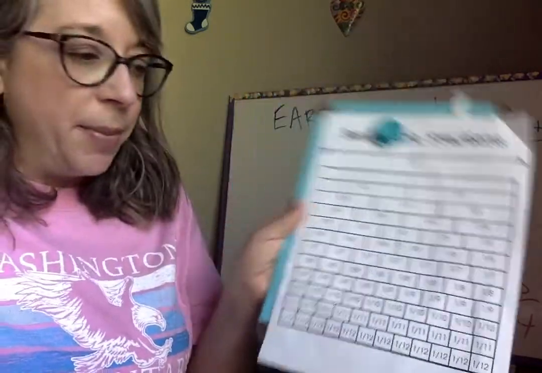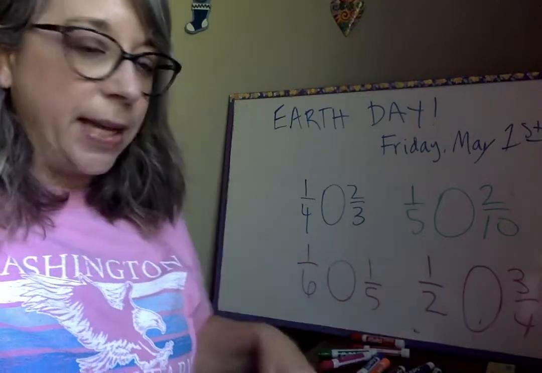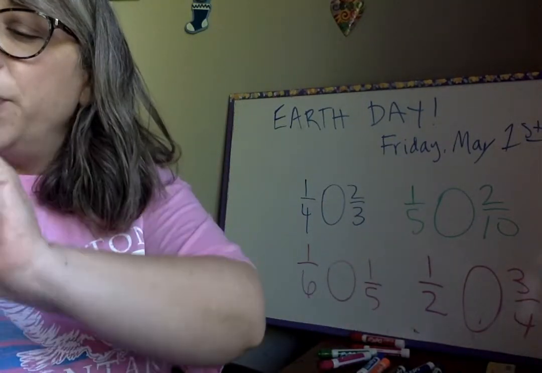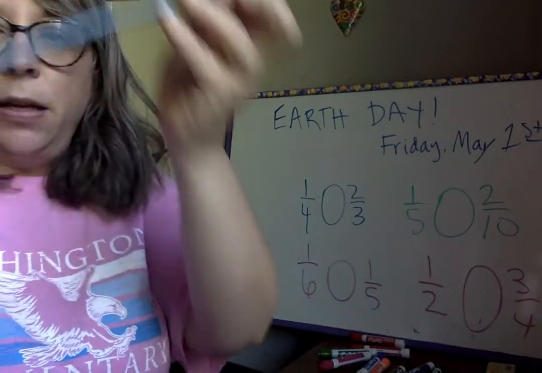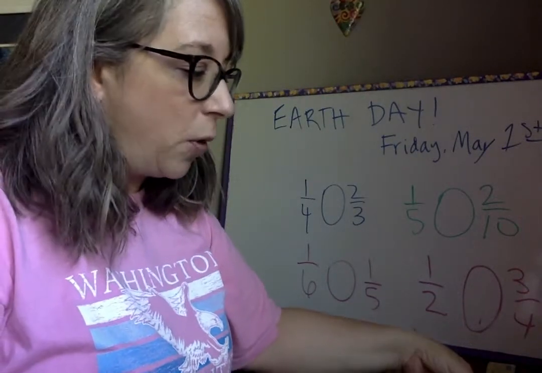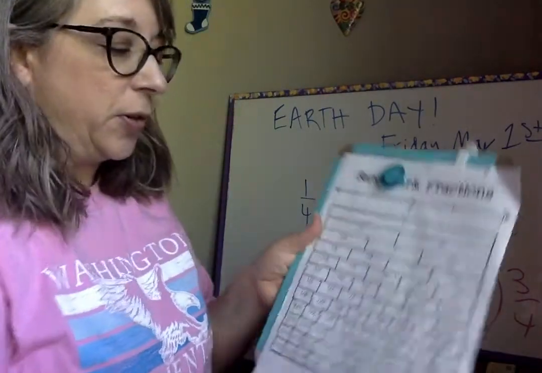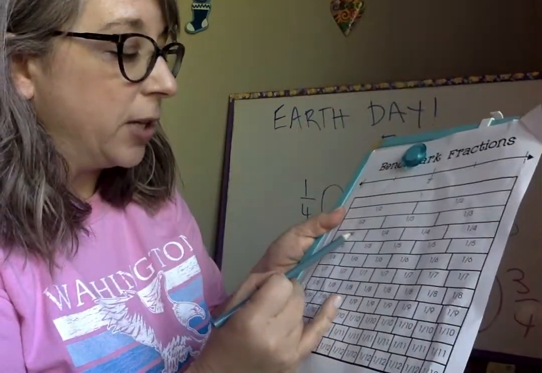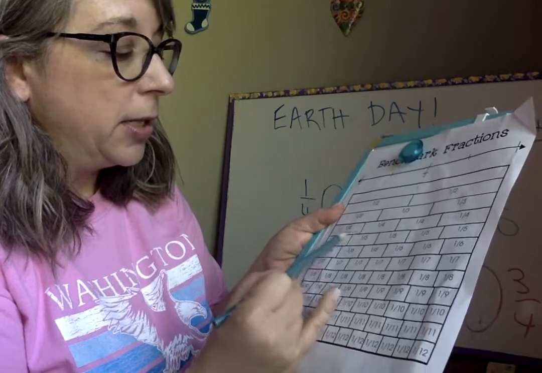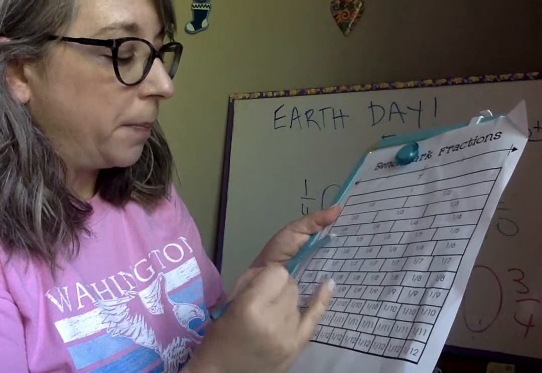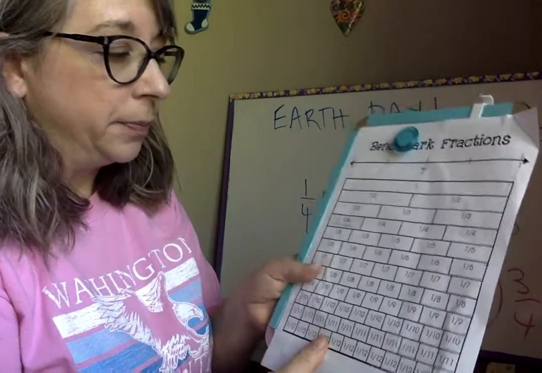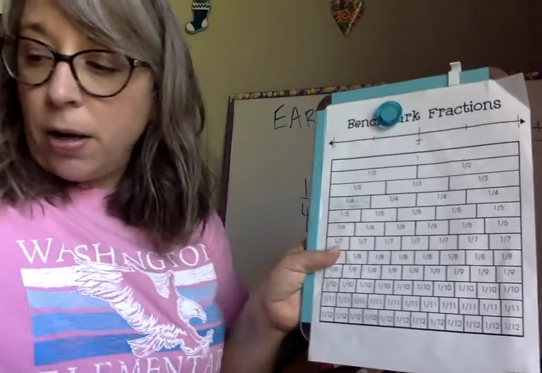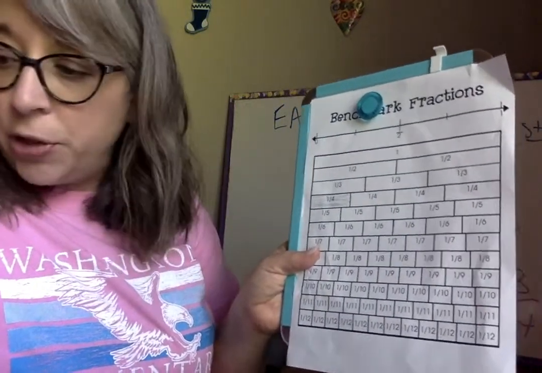So the first thing I want us to look at is 1/4 and 2/3. You're going to have to decide which one is bigger, 1/4 or 2/3. So we have 1/4 right here, and we're just going to shade that in. This will be our 1/4. Now, if we have 2/3, how many parts of a third are we going to shade in?